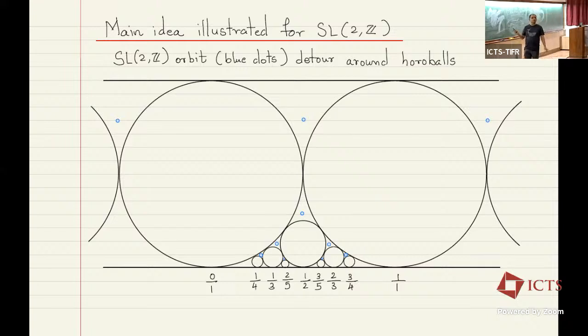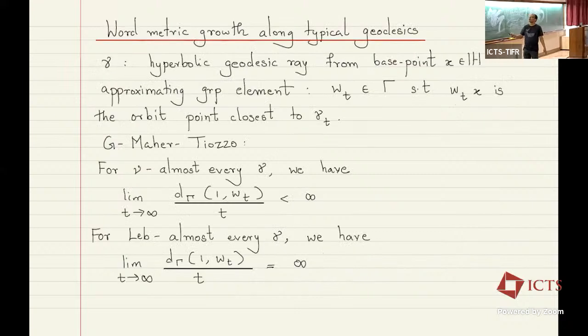Okay, so that's the main idea. And that main idea leads us to the following theorems. So now I'm again resorting to stating the theorem in a general non-uniform lattice, and then I'll tell you the specific version of the theorem for SL2Z in terms of continued fractions.